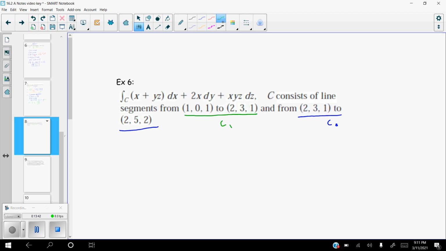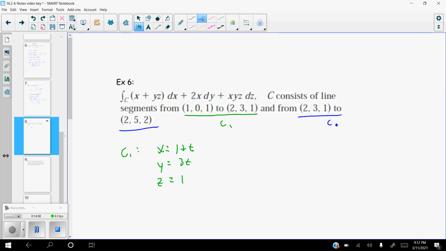So let's go with C1 and parameterize it. We do have x, y, and z to deal with here. X starts at 1 and increases by 1, so it'll be 1 plus t. Y starts at 0 and increases by 3, so that'll be 3t. And z is always 1, going from 1 to 1.